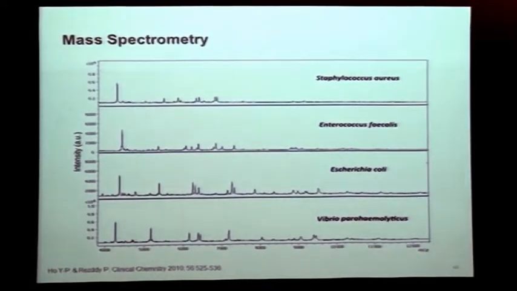You test them all, and then when you have a sample and you don't know what it contains, you will process the sample and you will look where it matches with the profile of Staph aureus or with Vibrio parahaemolyticus, because one microorganism has one specific spectrum like that. Okay?